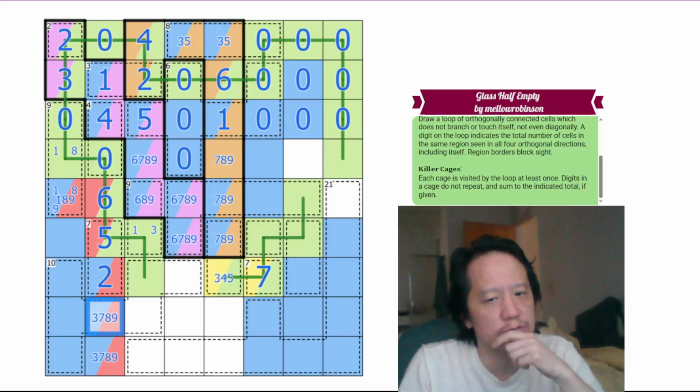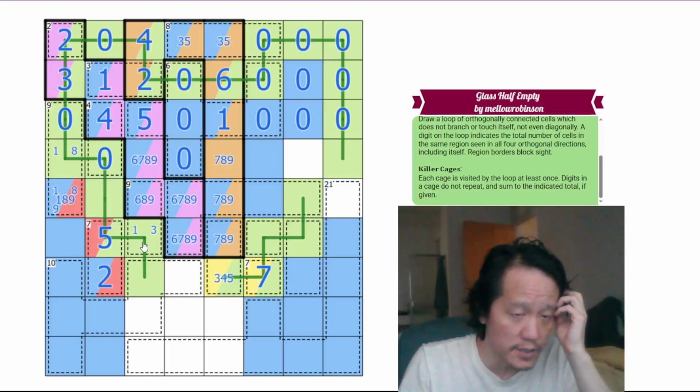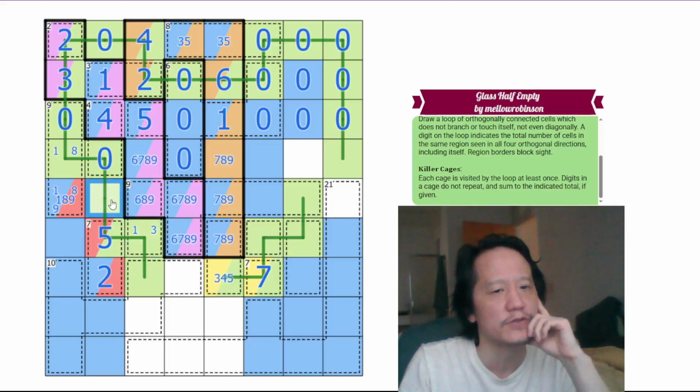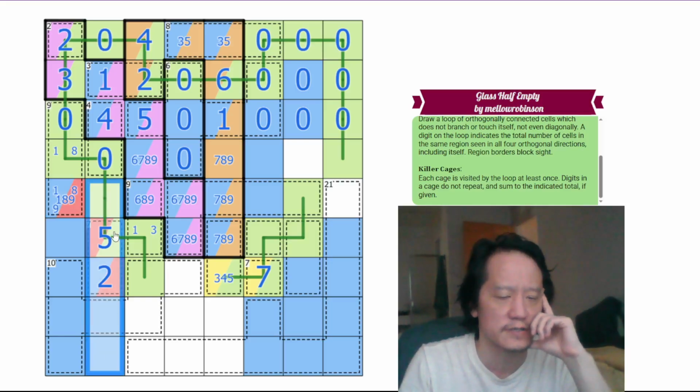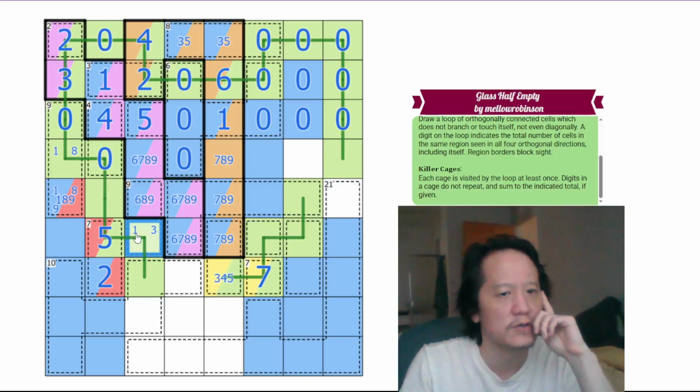So that's possible. So then, if it includes this, it guarantees that these cannot be red, because this would have to be on the loop. It would have to see at least 6 cells, and so it would have to see 6 cells. So either this is on the loop, and neither of these are.